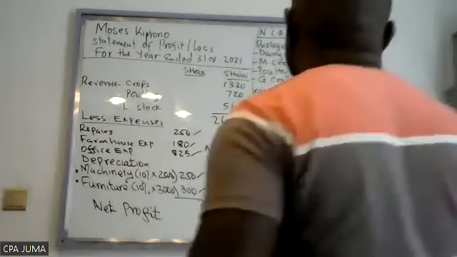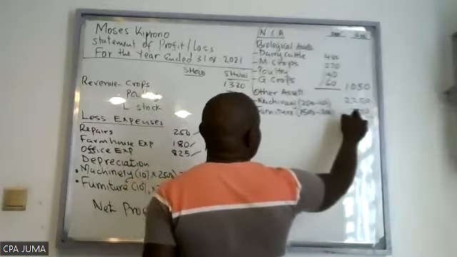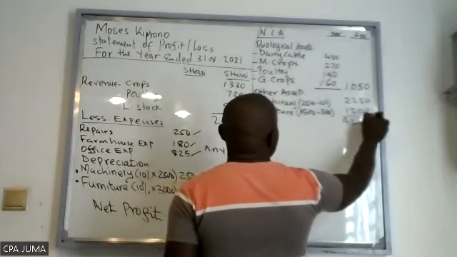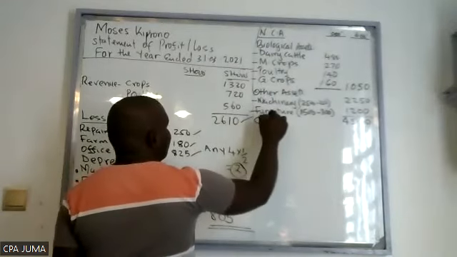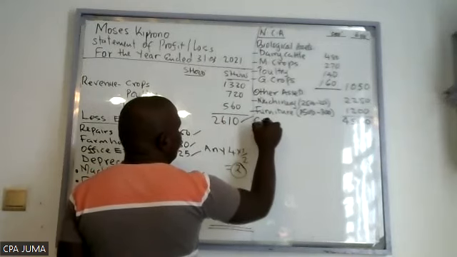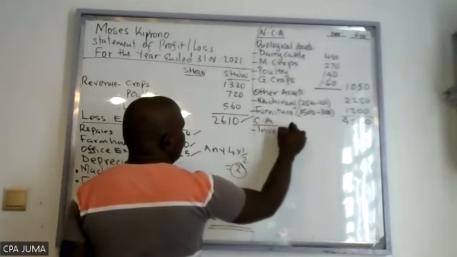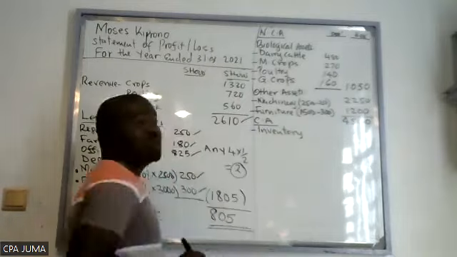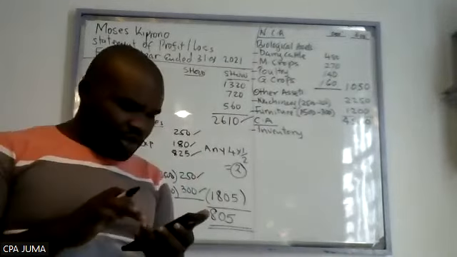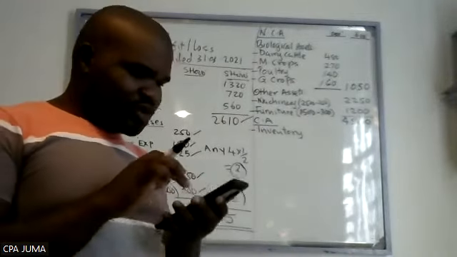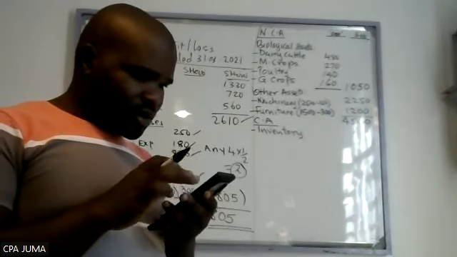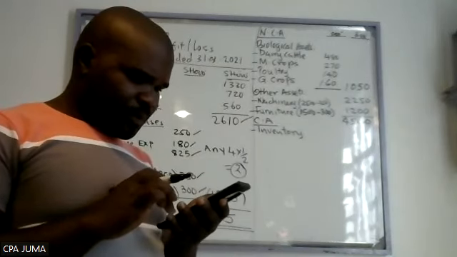So I've been given 45. Current assets, inventory. So inventory, go to additional information number 3. The ones which were not biological there, where are they?